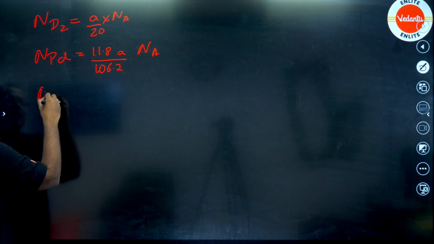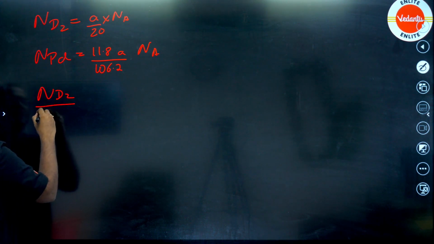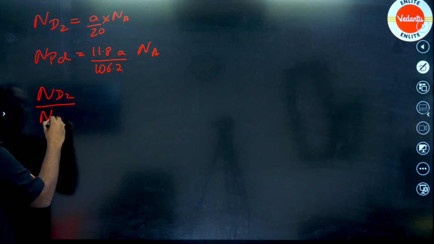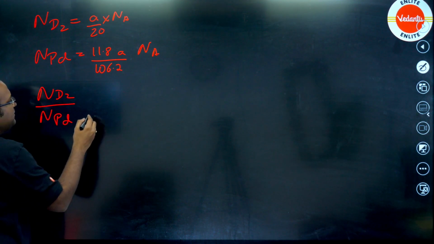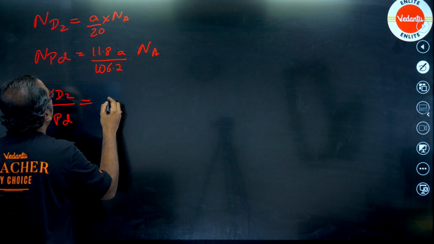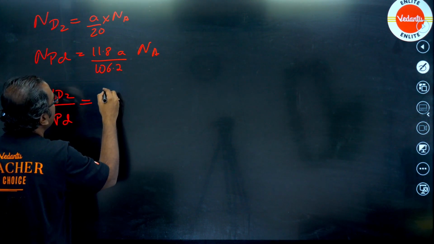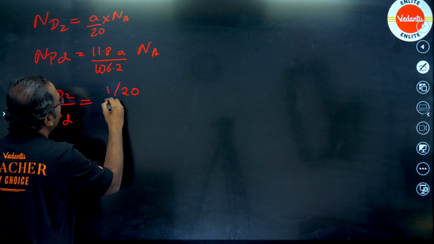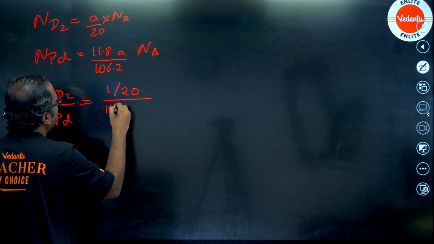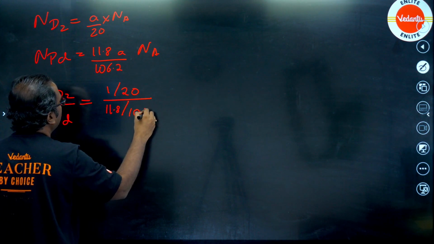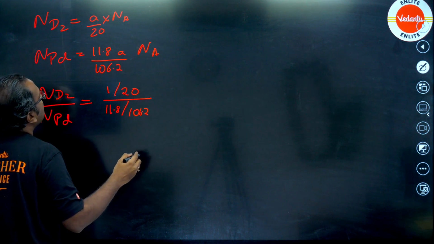So if I divide, how many deuterium molecules are present for each palladium particle, then we'll have simply the division of these two. So that will convert to 1 by 20, 11.8 upon 106.2.